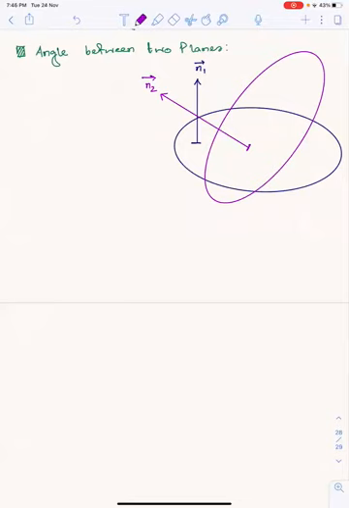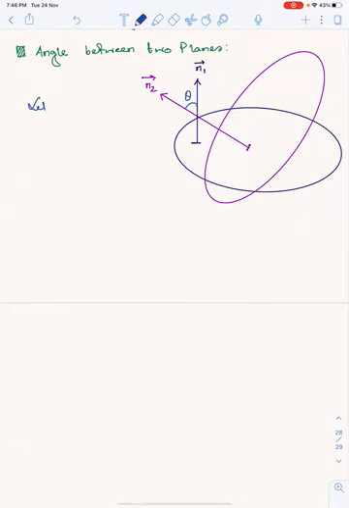So like earlier, we can definitely consider, if the angle between the planes is theta, then the same theta is also the angle between the outward normal vectors n1 and n2.